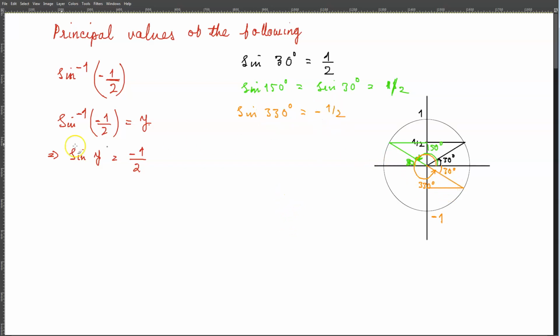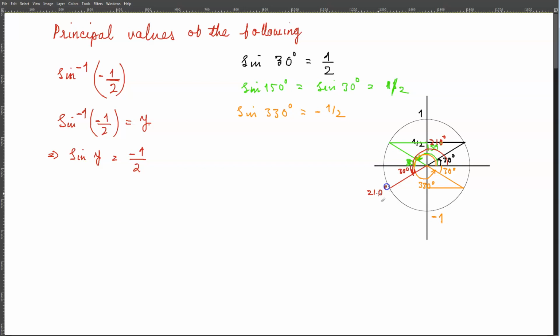That I could do. What I could also do is draw some angle over here in such a way that this angle is 30 degrees, and as a result this whole angle here becomes 210 degrees.